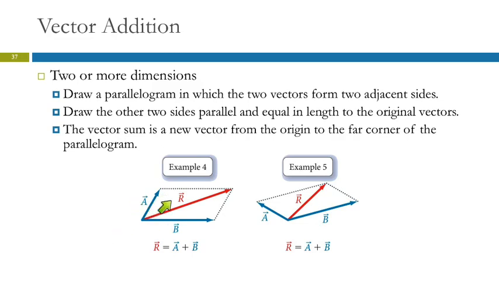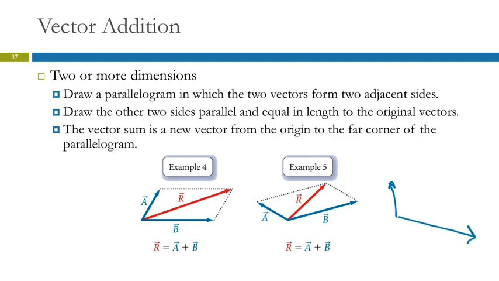Draw a parallelogram, put the two vectors on adjacent sides, and then finish the parallelogram. So you've got the two vectors, and then you finish a parallelogram. And then the sum of these is from the corner where the vectors meet to the opposite corner. Let me just do an example. So let's say we had a vector that went like this and one that went like that.